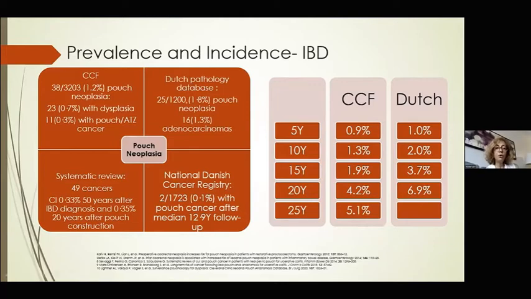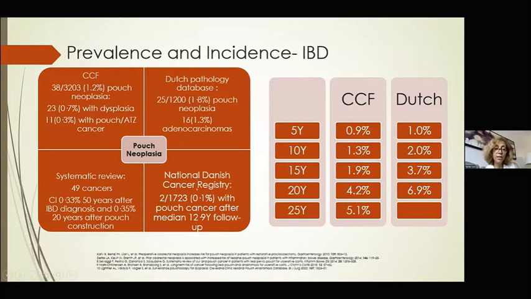The two largest cohorts that have been described for pouch neoplasia include the 2010 CCF cohort and the Dutch pathology database from 2014, and both of them describe between 1.2 to 1.8% of overall pouch neoplasia, with 0.3 to 1.3% of pouch cancer.